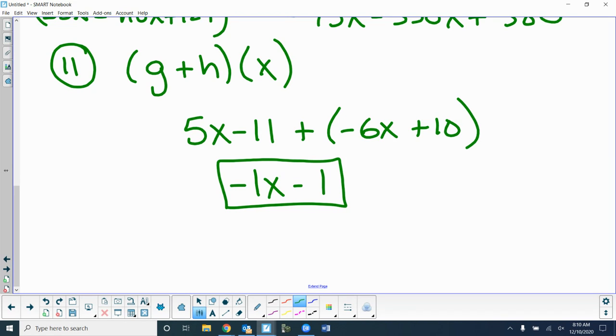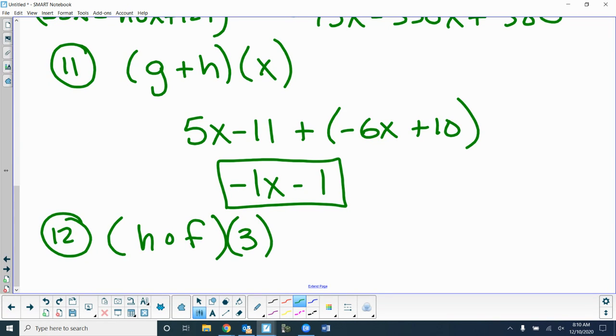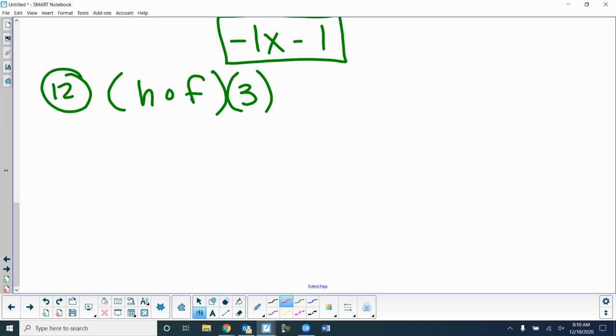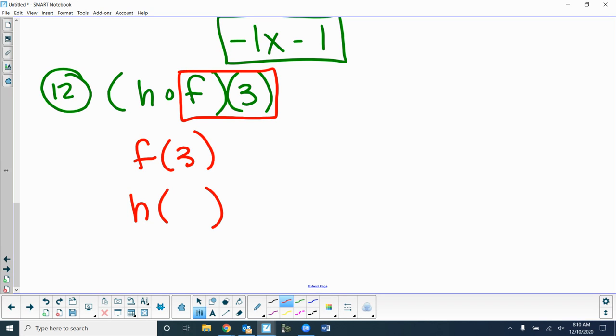Number 12, another composition. H circle F. And we got a number. That's good. So we're going to do, again, F of 3 first. And then we'll do H of that answer. Right? So F of 3 would be 3 times 3 squared plus 17. So 3 squared is 9 times 3 is 27.